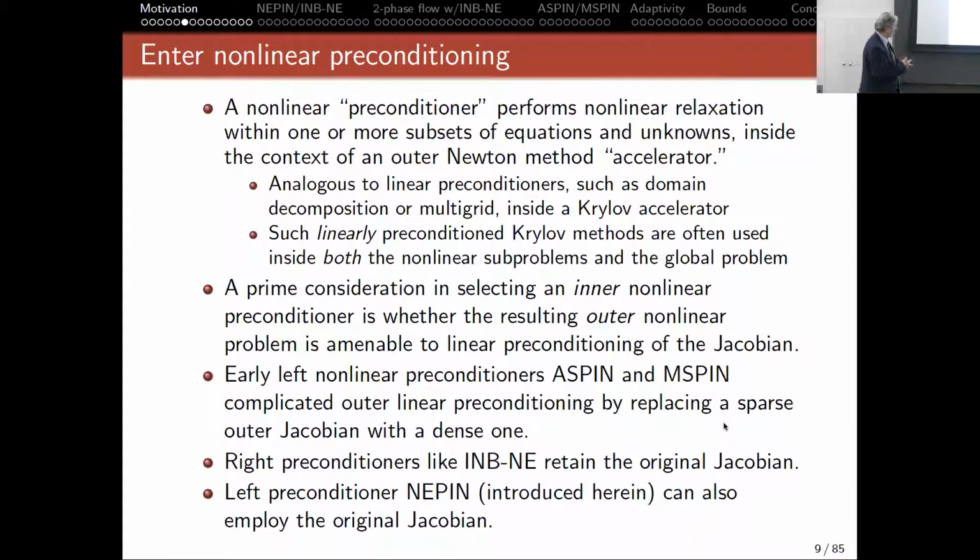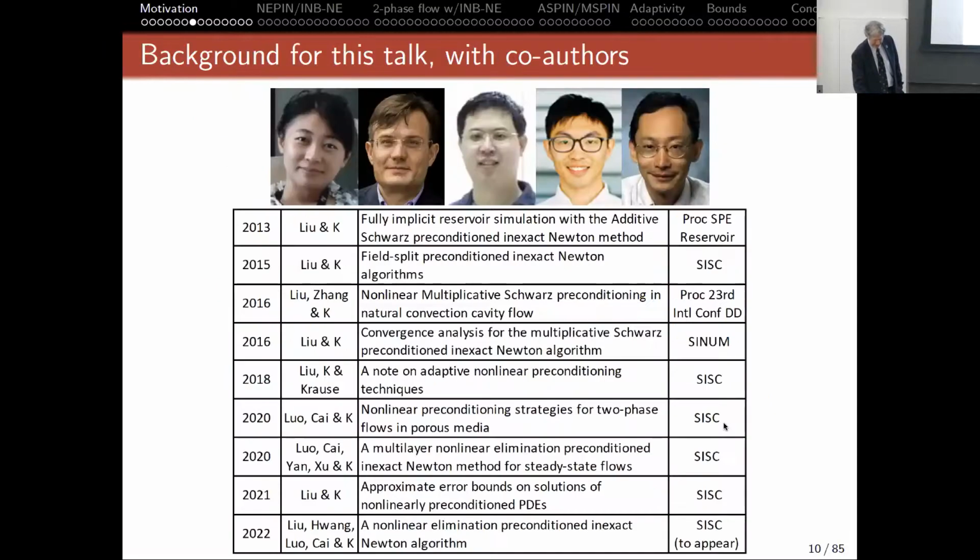Right preconditioners retain the original Jacobian, and the news in this talk is that there's a new left preconditioner which enables you to reuse the original sparse Jacobian. And it's quite similar to INB-NE, the nonlinear normalization one, but it's not identical, and it's interesting perhaps to compare the two.